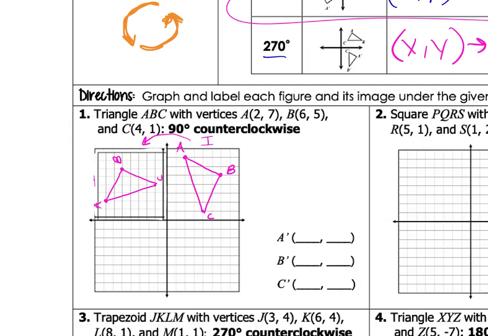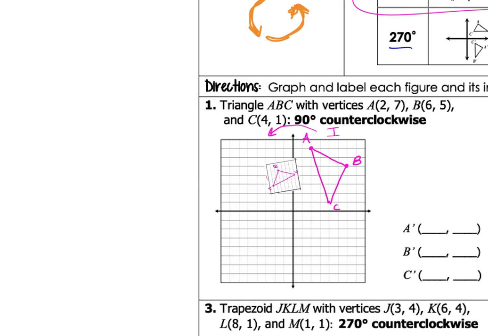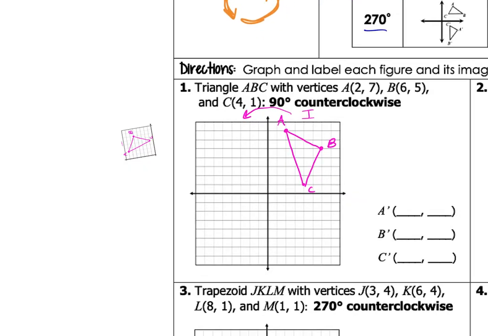Does that make sense? On a quiz or a test, do you have the ability to cut and paste and rotate? No. So I wouldn't get in the habit of doing that, but maybe that helps you visualize it a little bit. Or maybe you just want to follow the rules.